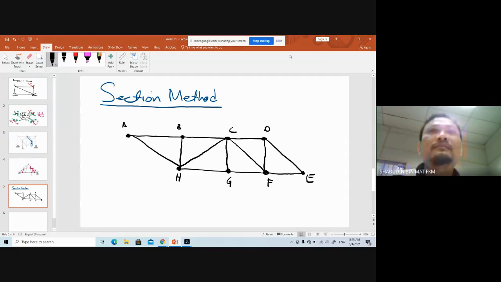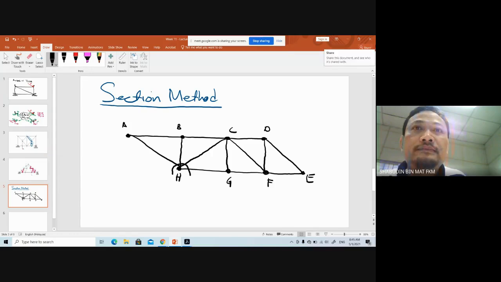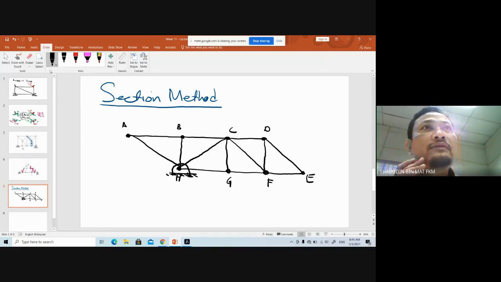So what to do now? At point H you have a fixed pin there, and at point E you have a simple roller there, something like that.